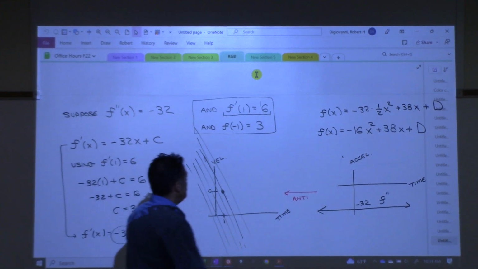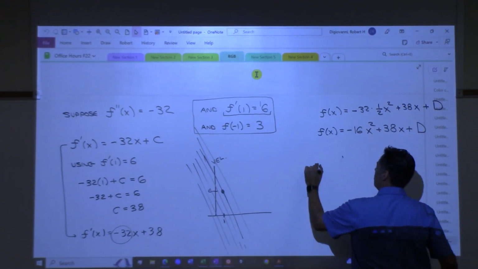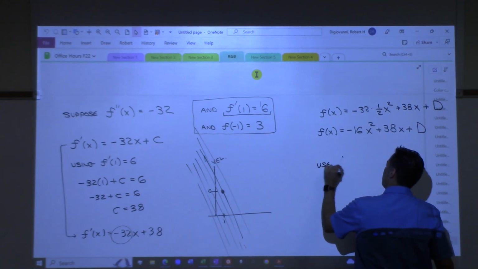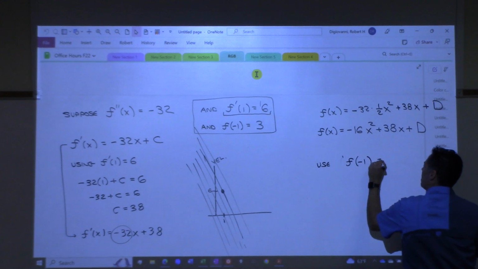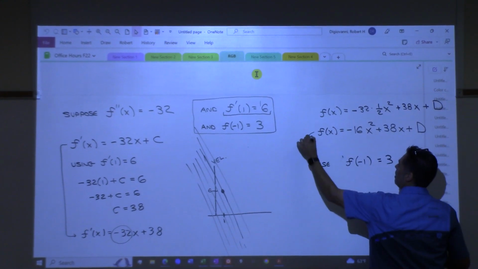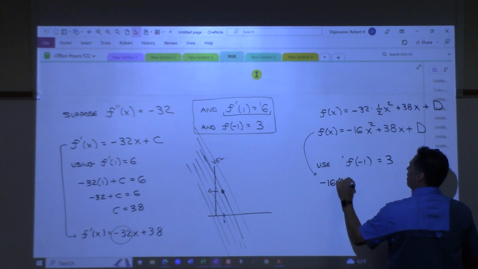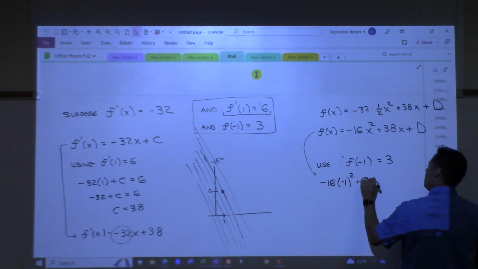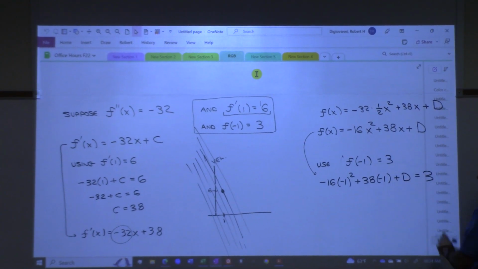So now I'm going to use the fact that when I plug negative 1 into the function, I get 3. And I'm going to use this line right here. So if I do negative 16 times negative 1 squared plus 38 times negative 1 plus some d that I don't know, that must turn out to be 3.